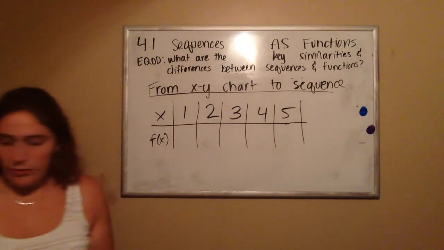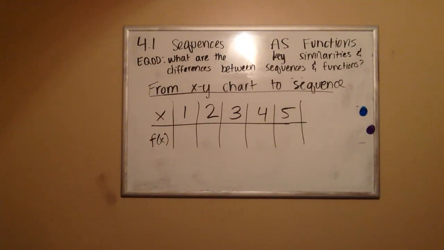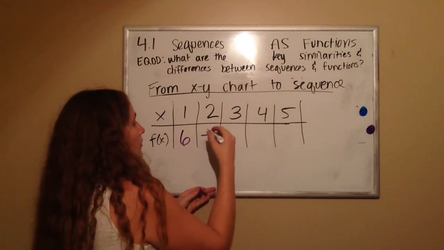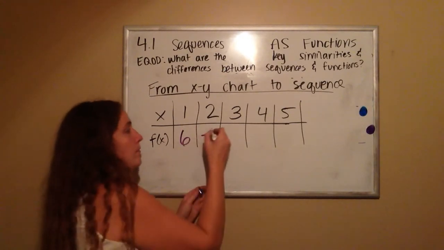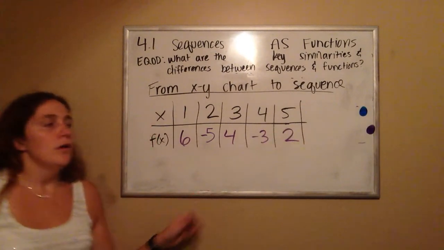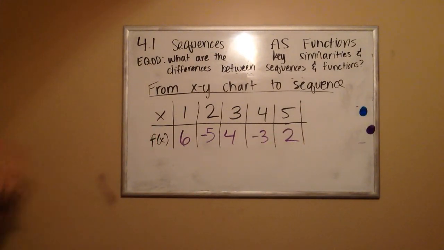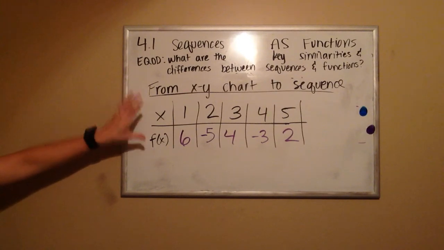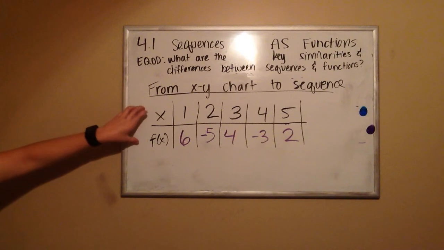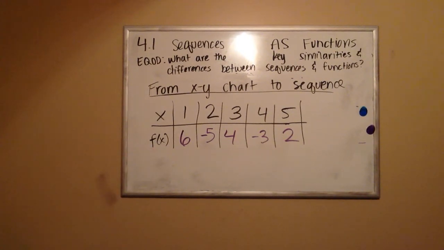We'll do an easy one, then we'll do a hard one. All I want you to do is go from this XY chart to writing the actual sequence of numbers. Here's a function given as an XY chart, and I want you to write me the sequence of numbers.